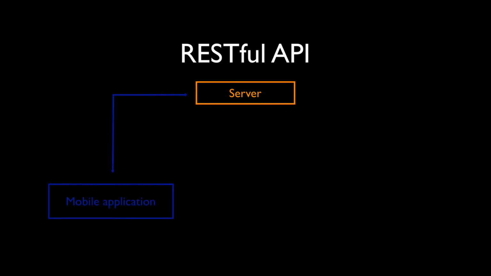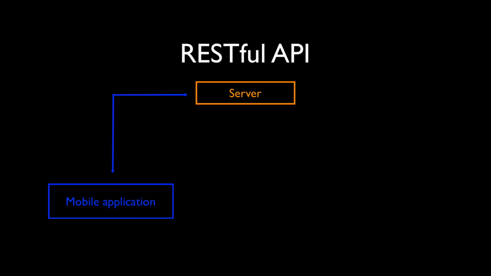But what about some other cases when we also want to request a server, but in response we don't really need HTML? Let's have a look. We still have a server, but now with different clients. Let's say we have a mobile application. And that mobile application obviously needs to store and fetch some data from the server. But the problem is that it doesn't need HTML for it. Instead, it uses some other data formats.